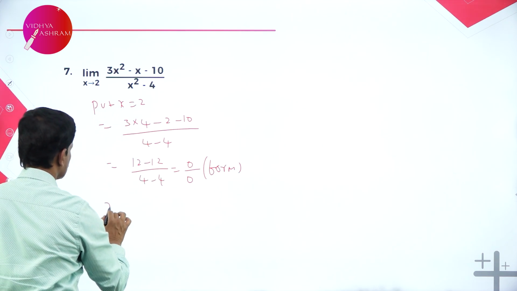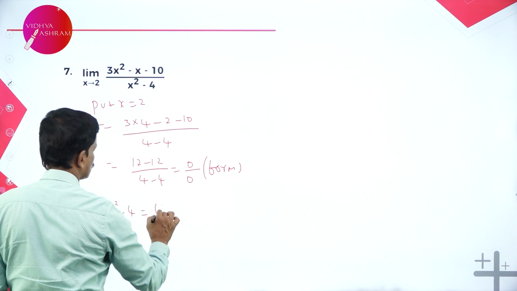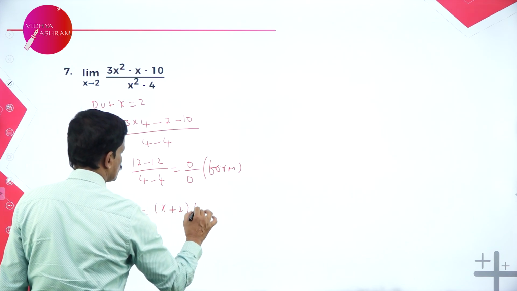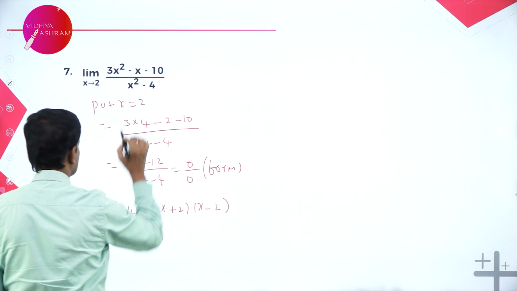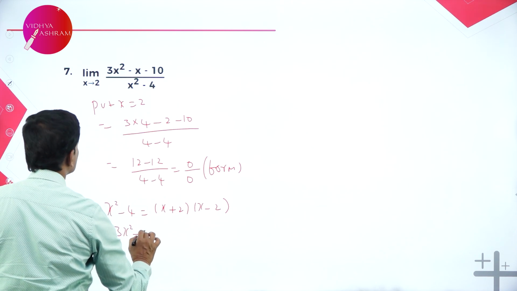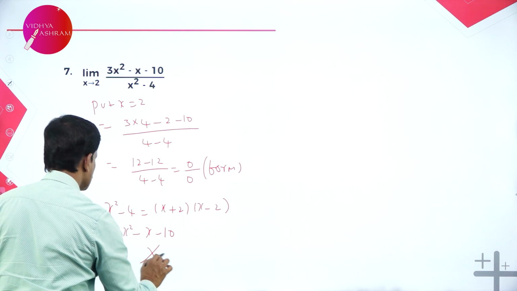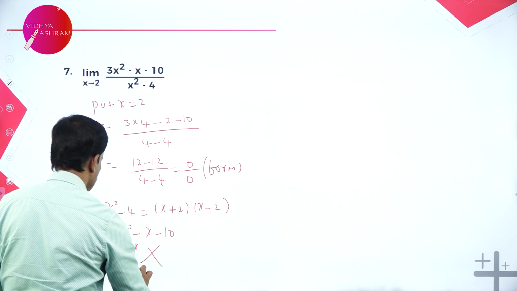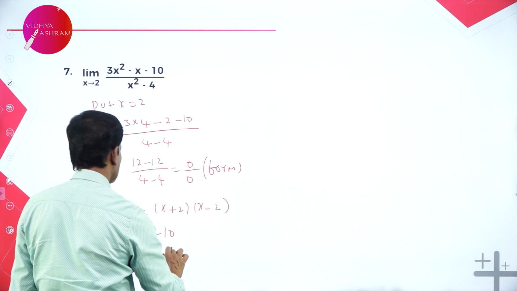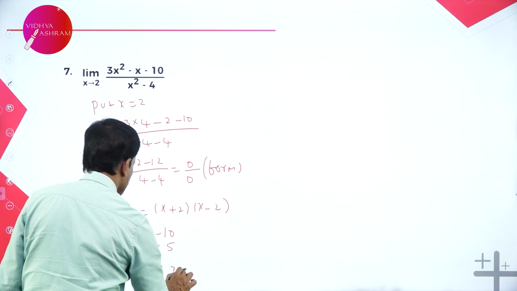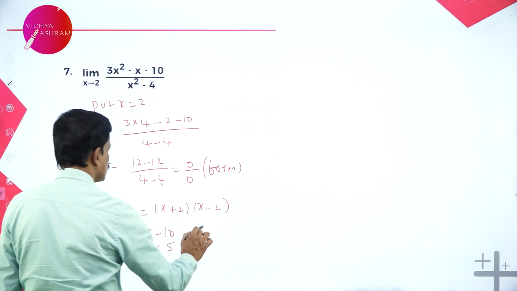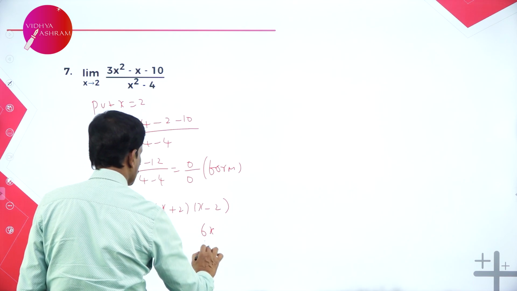Now factorize this. In the denominator, x square minus 4 can be written as x plus 2 into x minus 2. Whereas the numerator, 3x square minus x minus 10, can be factorized. This can be written as 3x into x, and 10 can be written as 5 2s are 10. If you multiply, 3 2s are 6x and 5 into x is 5x.